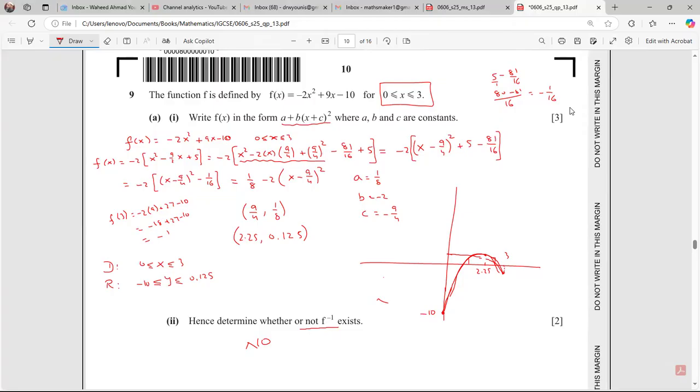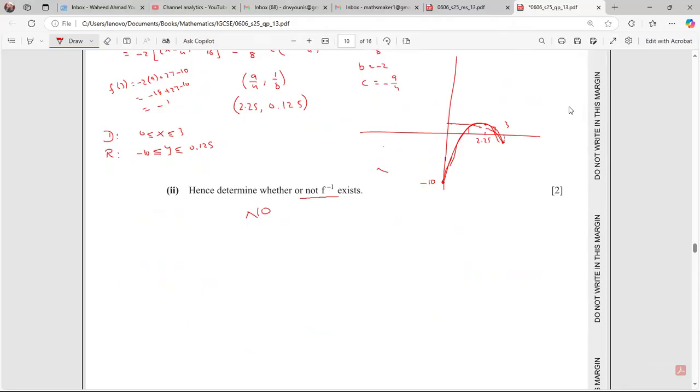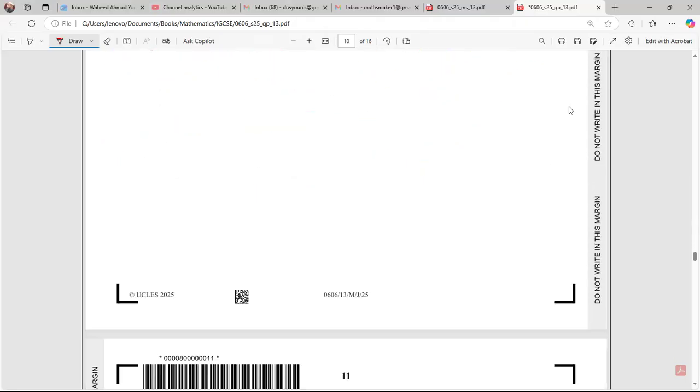Conceptually you can imagine that if I try to make its inverse function, I have to find its reflection in this line, and its reflection will be something like this. So you can see that for one value of x, you have two different values, so this is not a function. So the inverse function does not exist in this case.